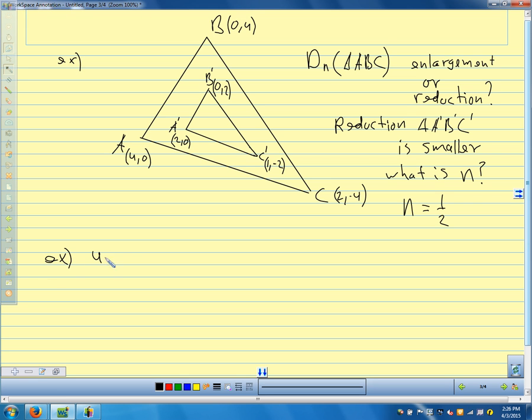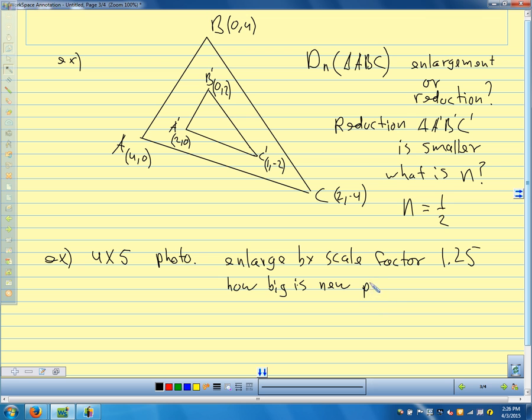What if we had a 4 by 5 photo, and we want to enlarge it by a scale factor of 1.25? How big would the new photo be? How would we figure it out?